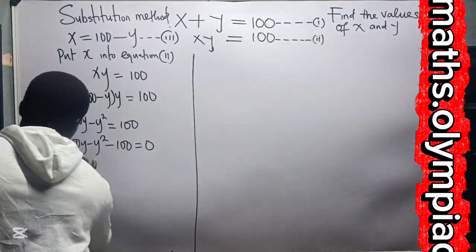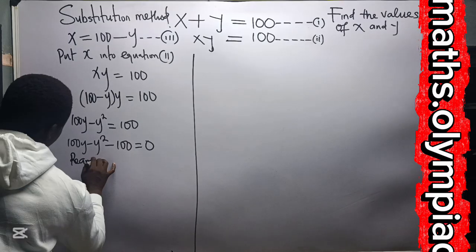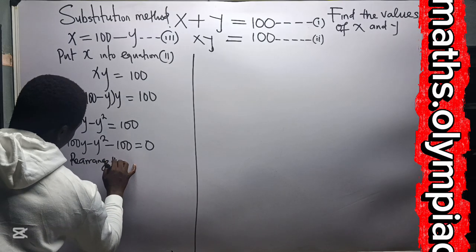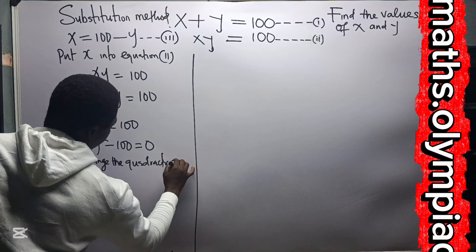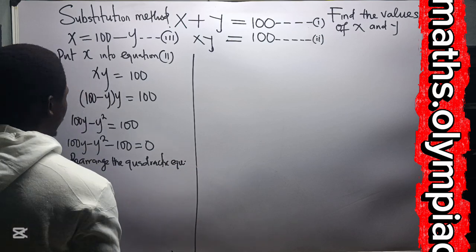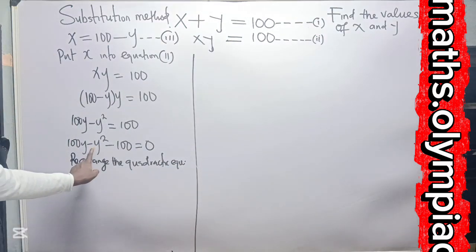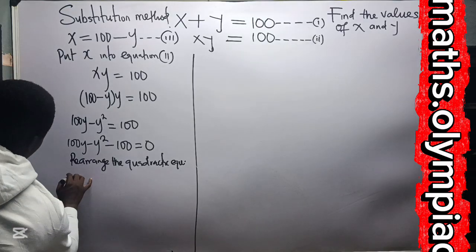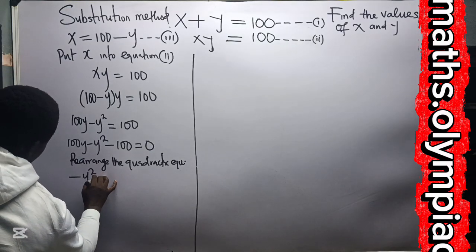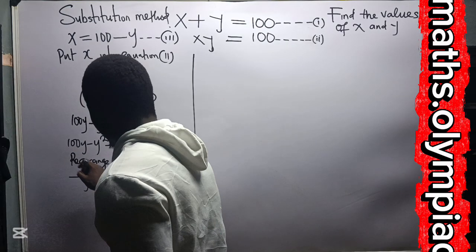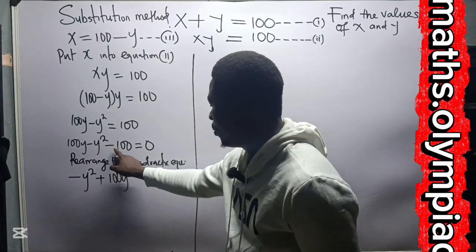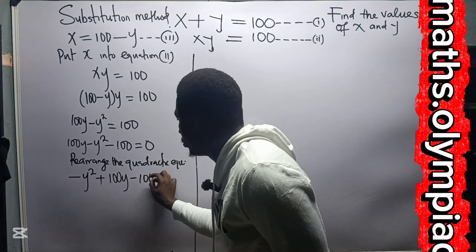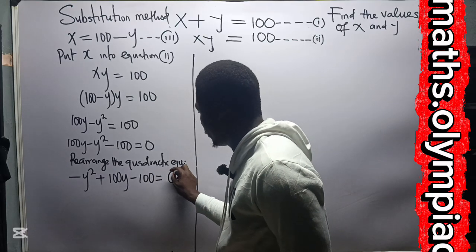If we arrange the quadratic equation, the y squared will come first. So you have minus y squared plus 100y, and then minus 100 equals 0.